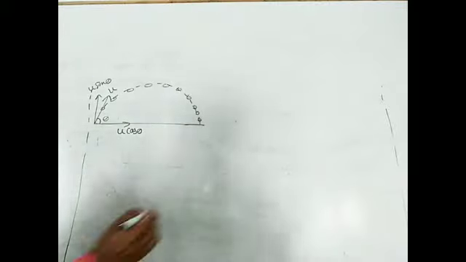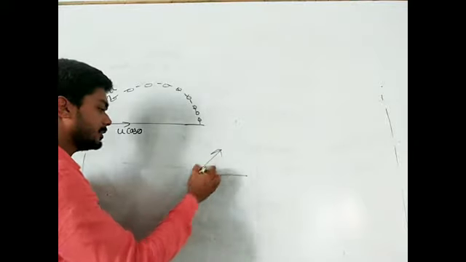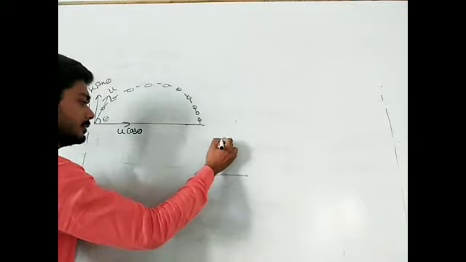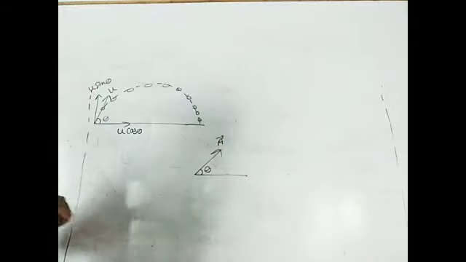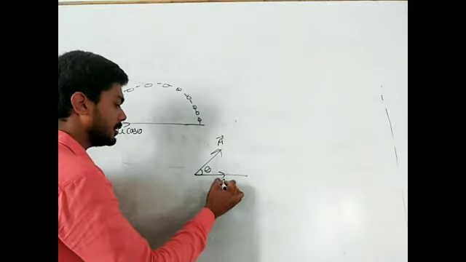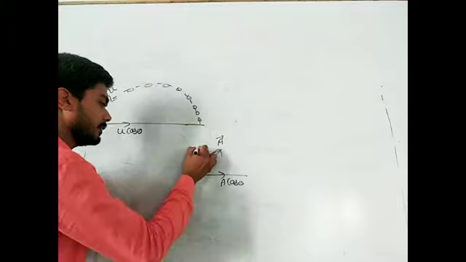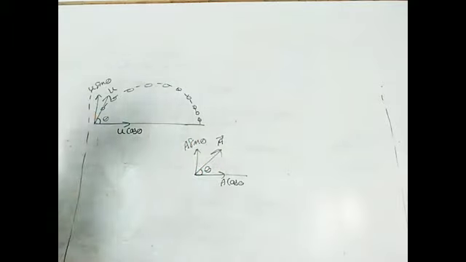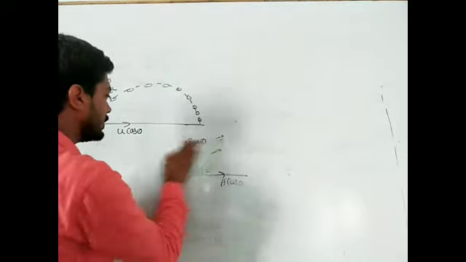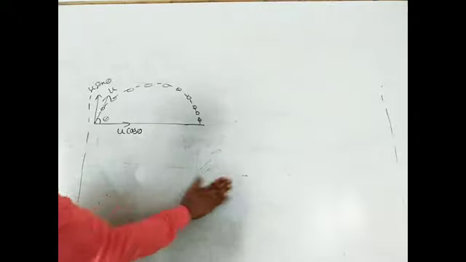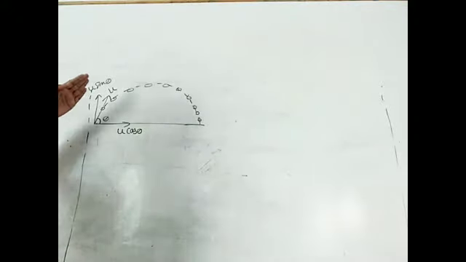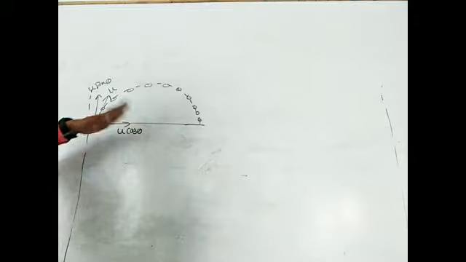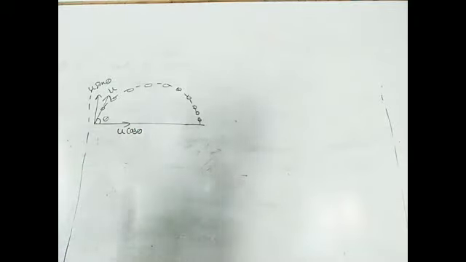Students, you know very well that if any vector quantity is at angle theta, then it has 2 components, horizontal component a cos theta, vertical component a sin theta. In the same way, we are resolving this velocity u into 2 components, horizontal component u cos theta and vertical component u sin theta.